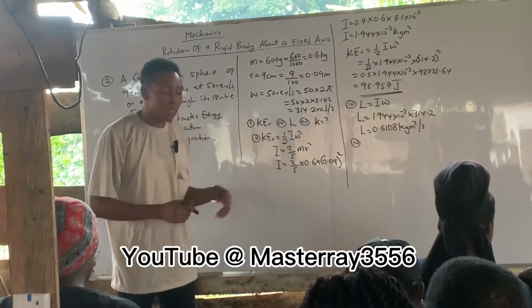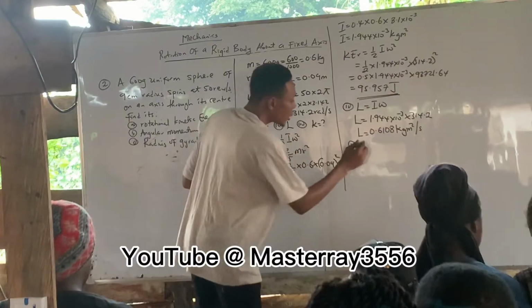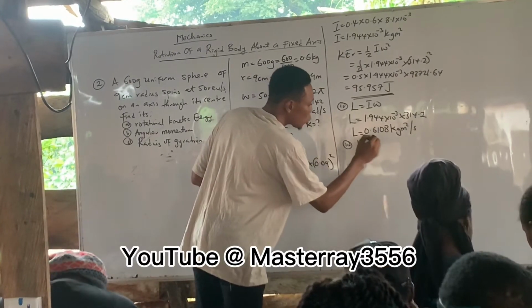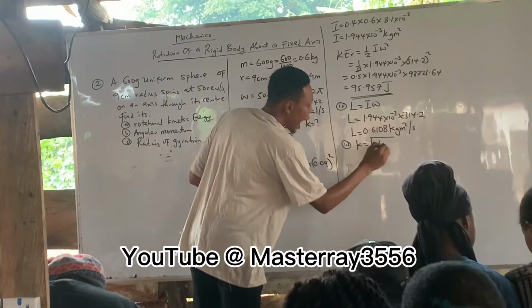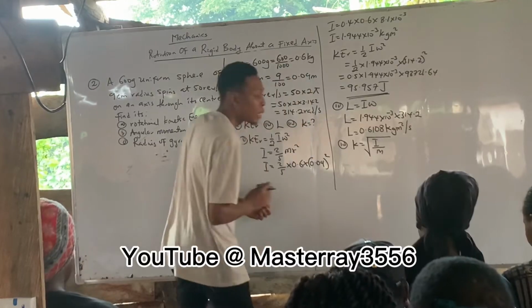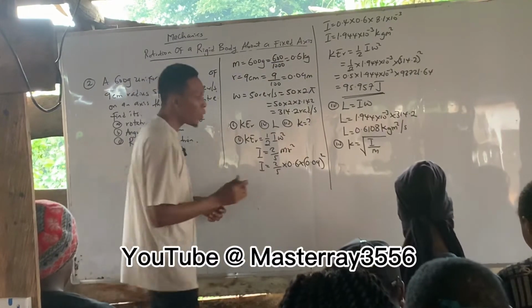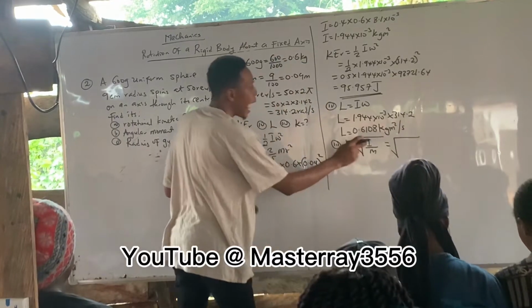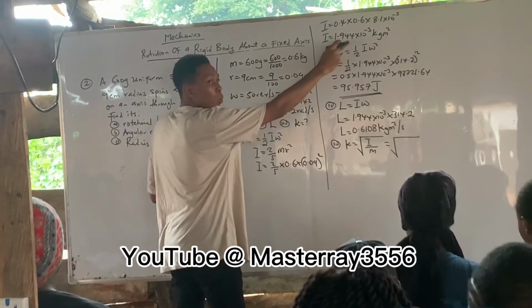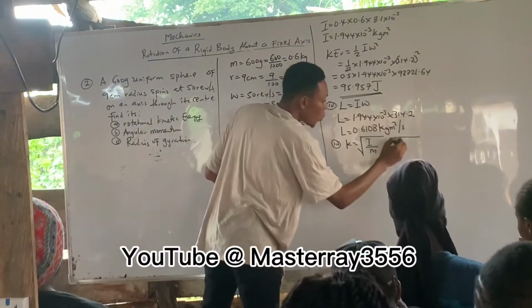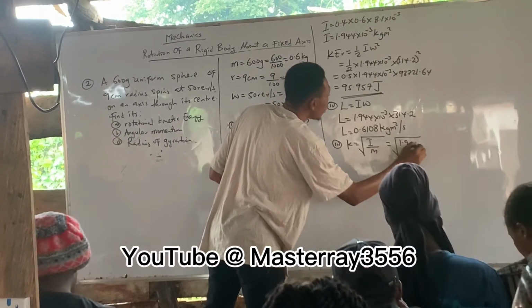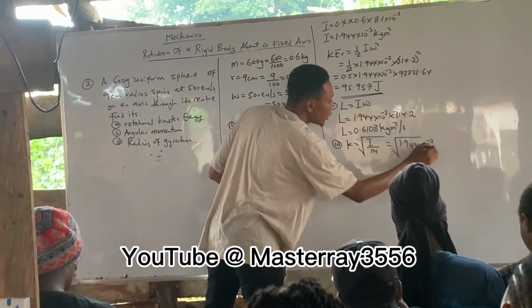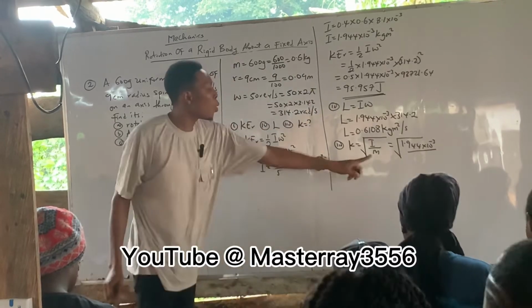Radius of gyration. Our radius of gyration k is equal to the square root of I over M. Are you following? So from there, this is taken as the square root of I, 1.944 times 10⁻³, divided by mass.